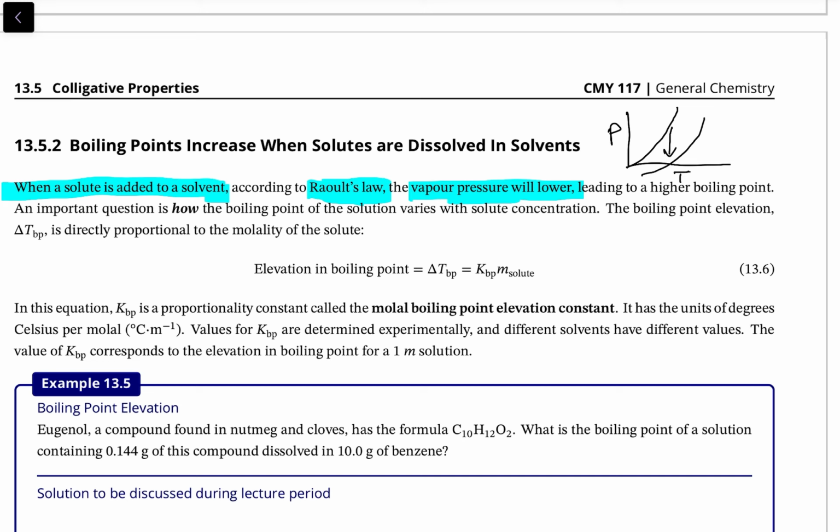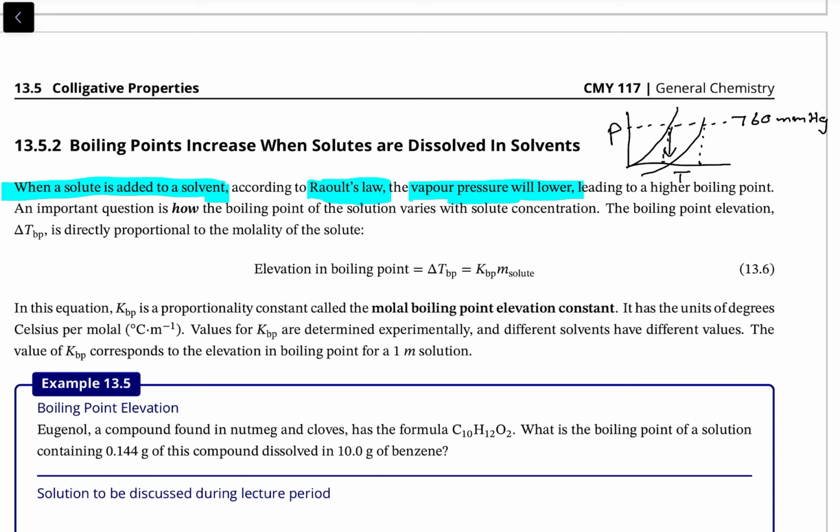So it means your curve literally shifts down for the liquid because the vapor pressure curve will be lower, so it must shift down. And how do we define boiling point? Well, boiling point is defined at 760 millimeter mercury or 1 atmosphere, right? So wherever that would be on that curve, that's a constant line. And do you notice what happens if you shift this curve down?